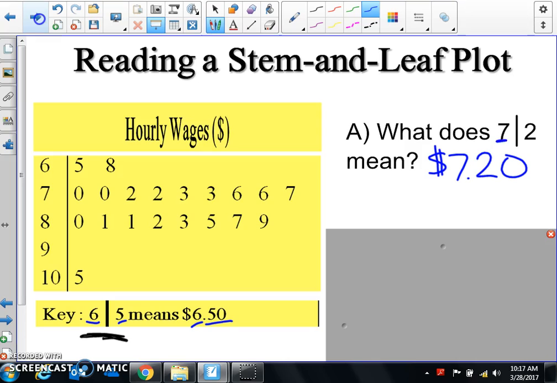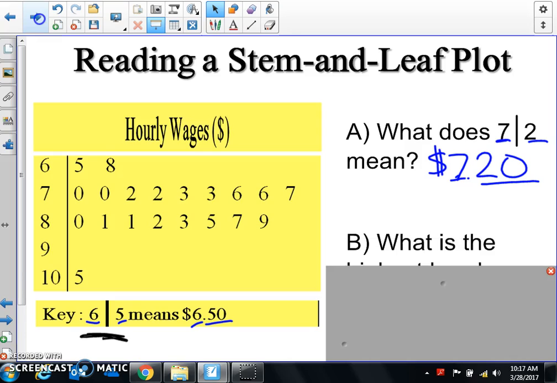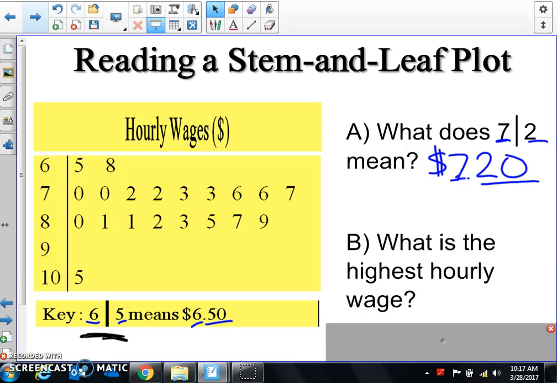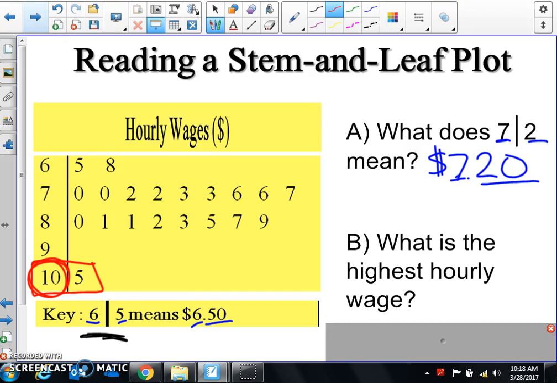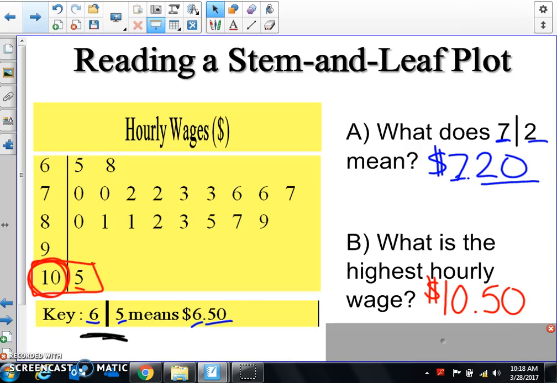So 7 is the dollar amount, 20 is the cent amount. What is the highest hourly wage? I obviously want to go to the bottom. Remember, this was the dollar amount, so that's $10. And then the cent amount was 5. Remember, we always have to have 2 decimal places for money, so 50 cents. So $10.50 was the highest hourly rate.